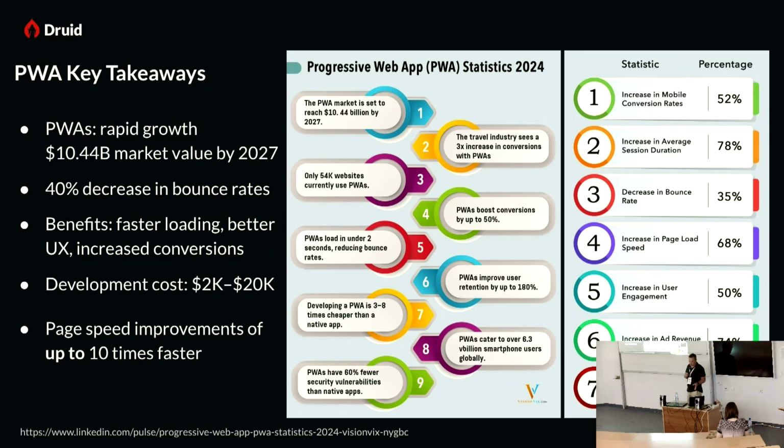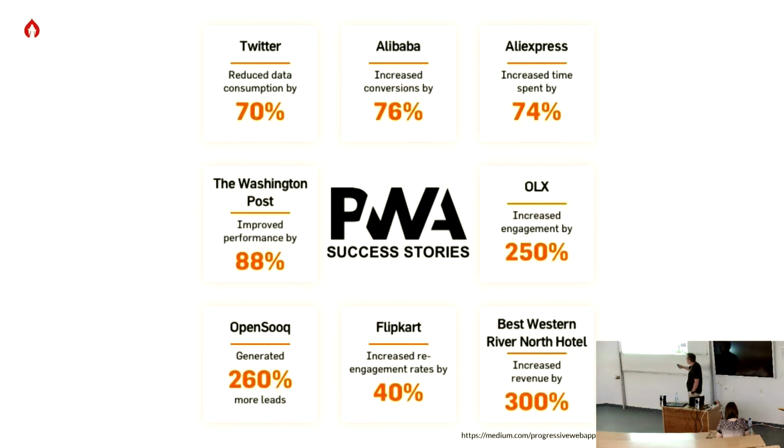These are all positive numbers compared to what you would get on traditional websites. So there's absolutely no reason for not doing this. In practice, these are a bit old numbers, but they're still valid. Twitter reduced the data consumption by 70%. This is the magical thing because of all the caching. Many elements of a website are static. In the Western world, we are used to having 1,000 euro mobile phones and functioning 5G networks, but it's not like that all over the world.